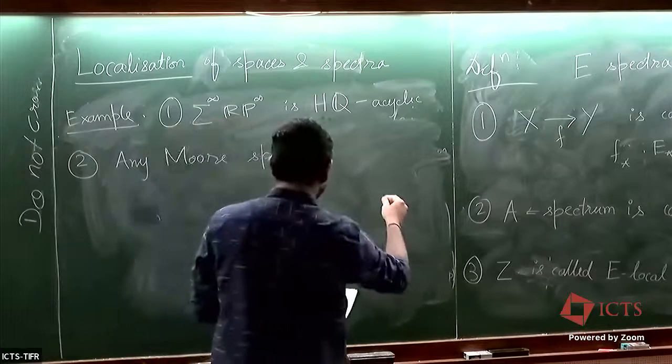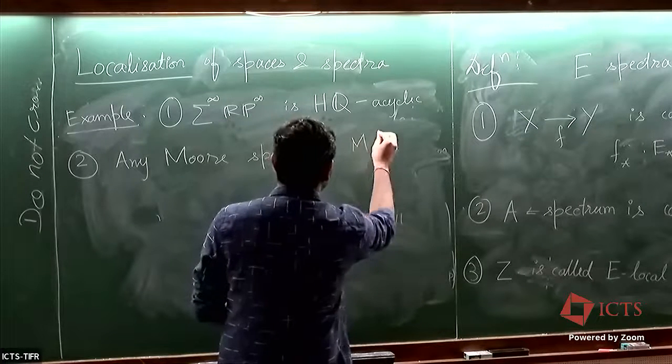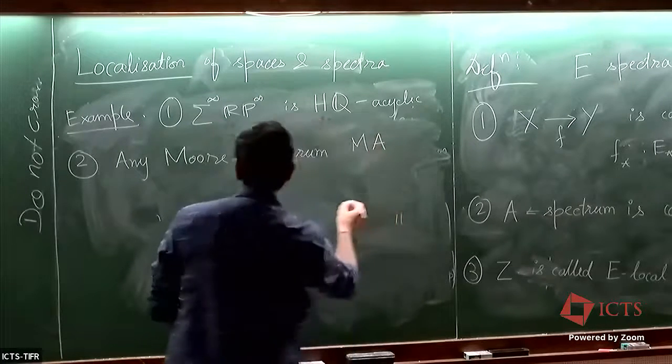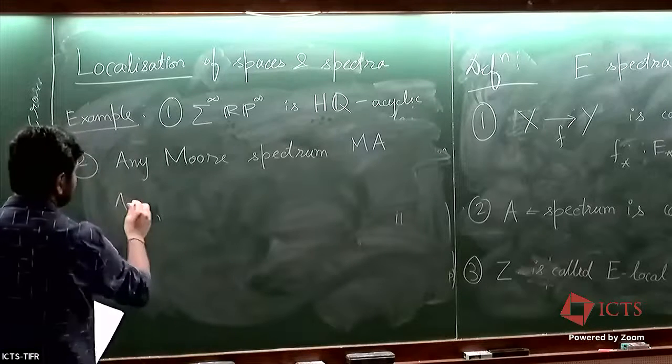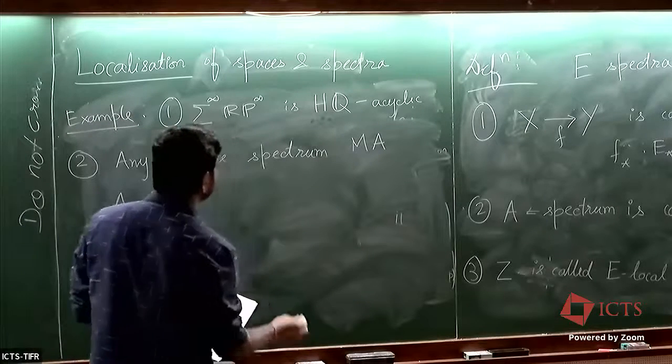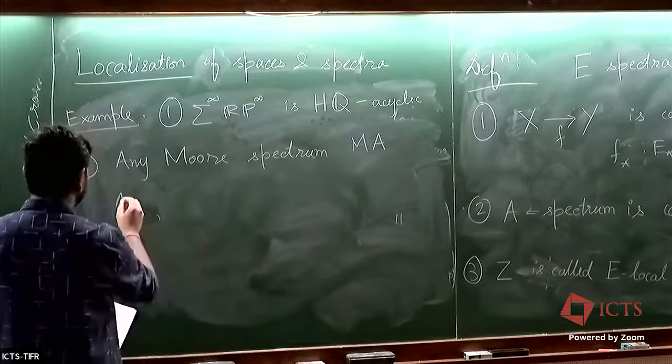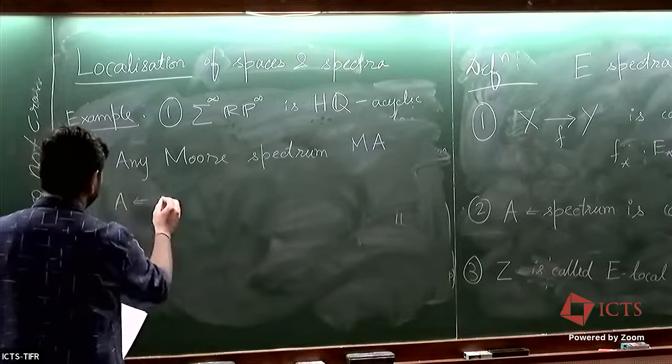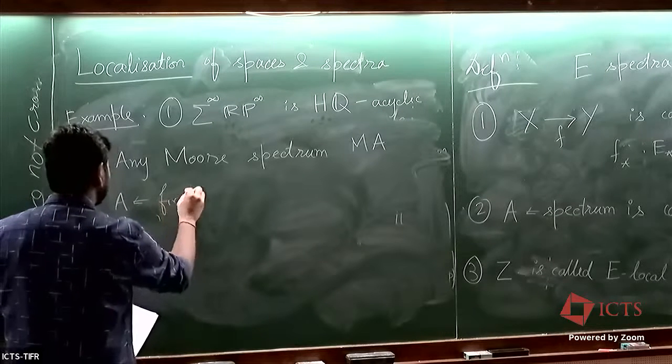The notation for such a Moore spectrum is MA, where A is a finite group.